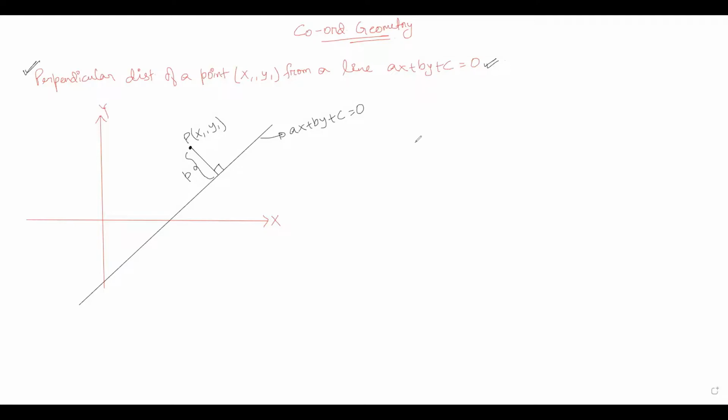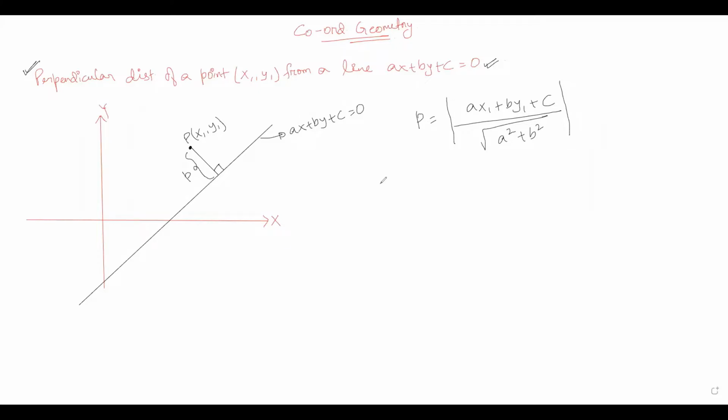In that case, this perpendicular distance, that is this small p, is given by mod of a x1 plus b y1 plus c upon under root of a square plus b square. And since this is a distance, we are putting a mod here as distance cannot be negative.